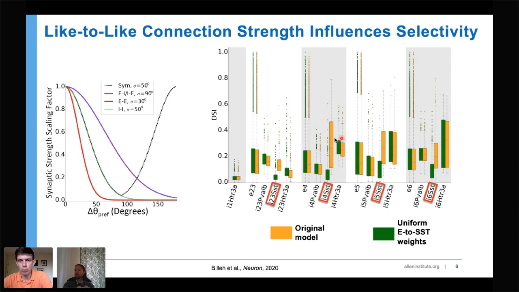And so here we do a simulation where in orange is our original model, and you see that different layers in the SST interneurons have relatively high direction selectivity. But then when we change the connectivity rule and now the connection strength is uniform, then the direction selectivity of those neurons becomes very small.